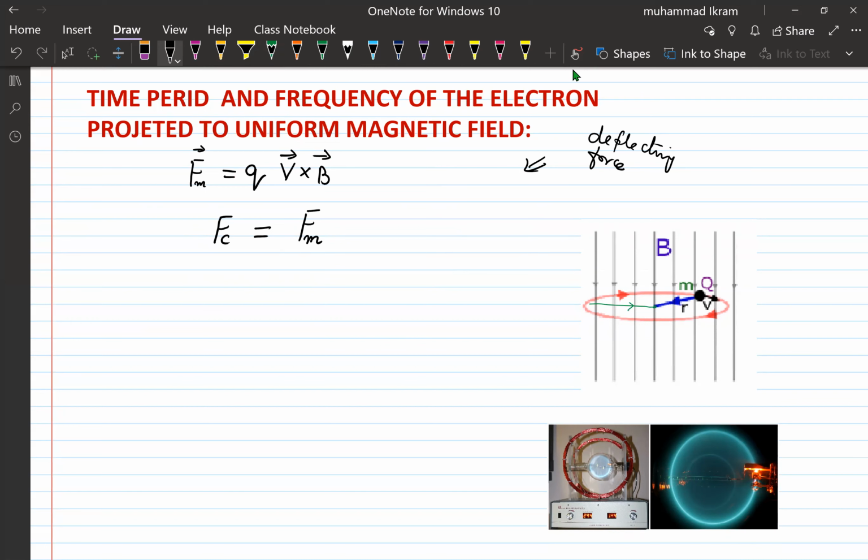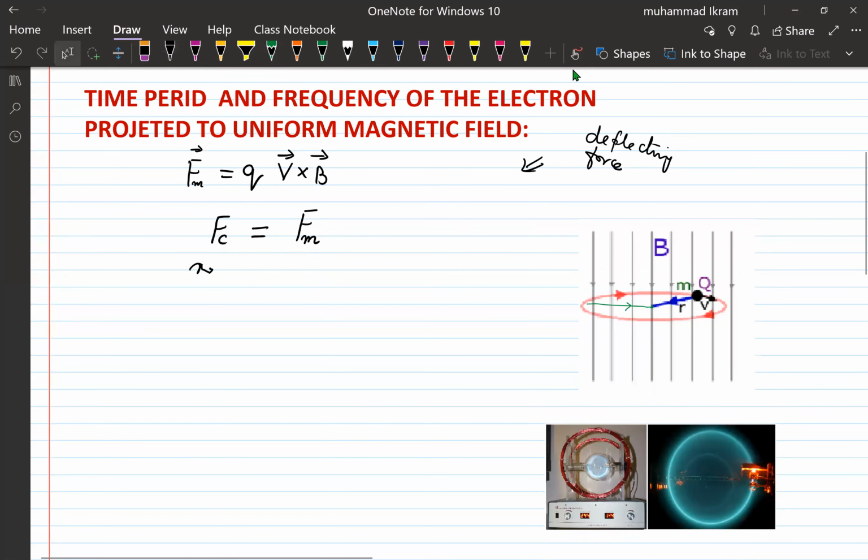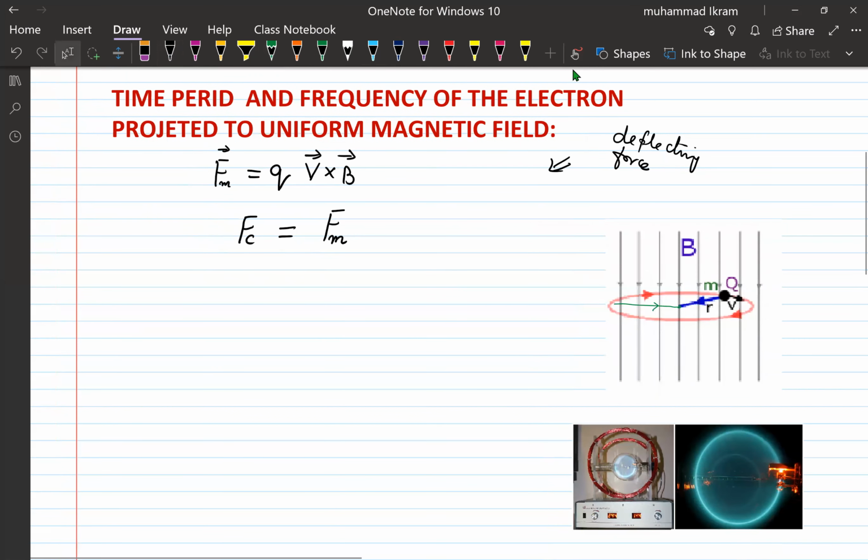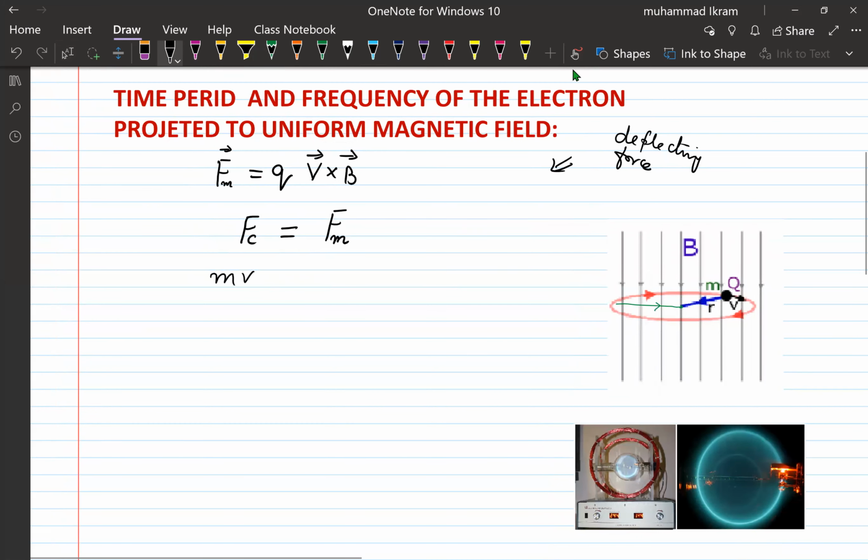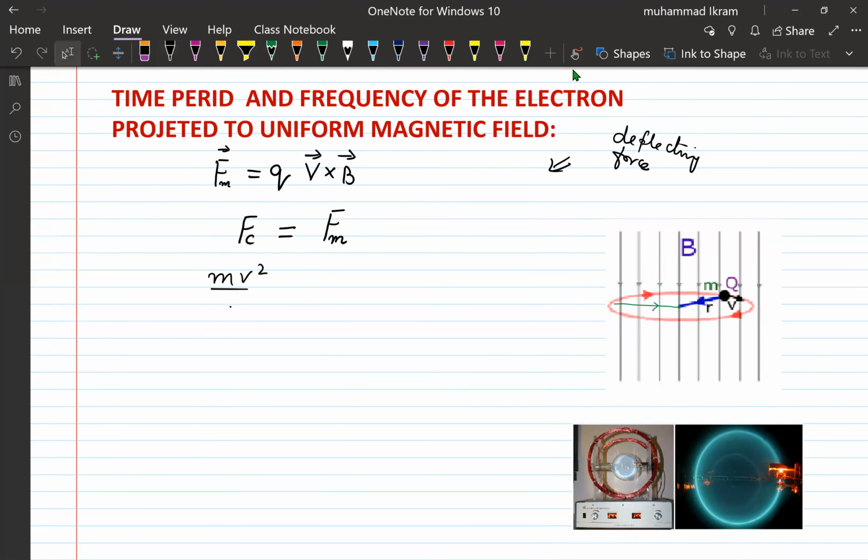And we know that the centripetal force, that is Fc, is equal to mv square by r, and this equals q into vB, right?